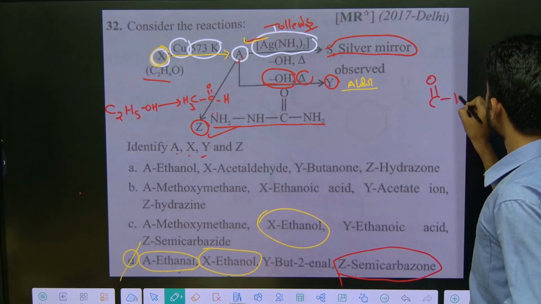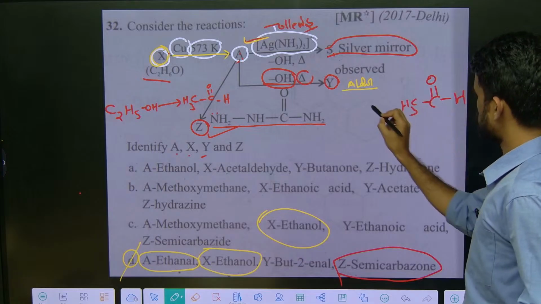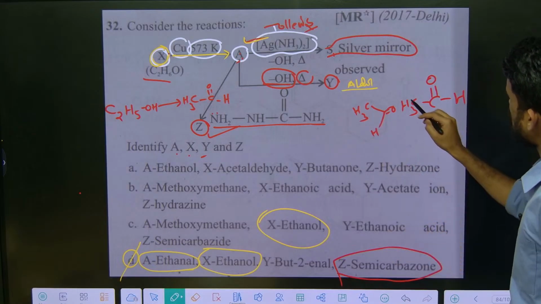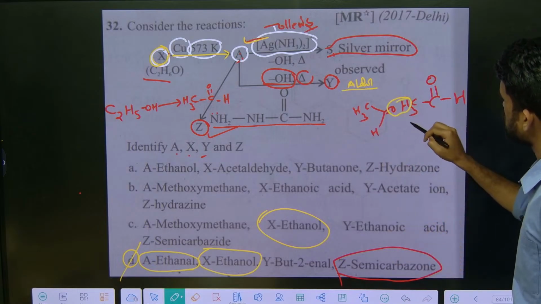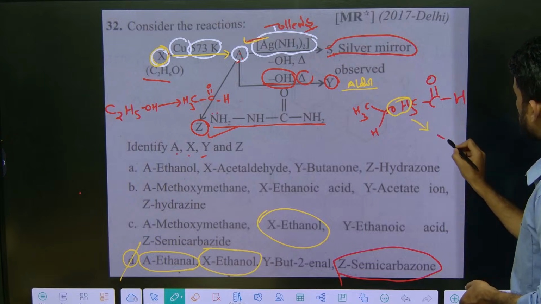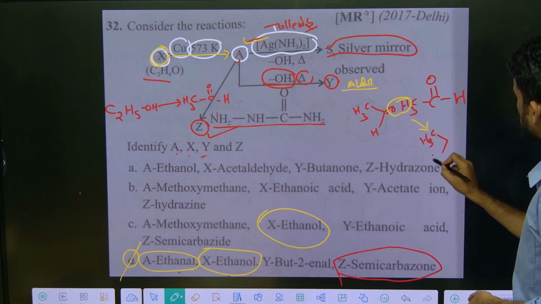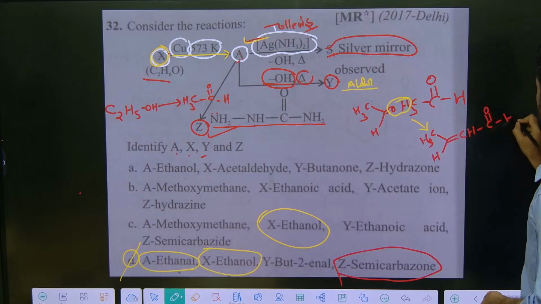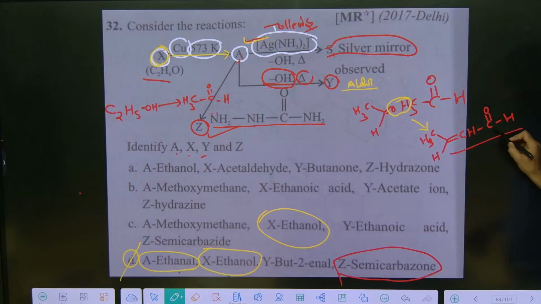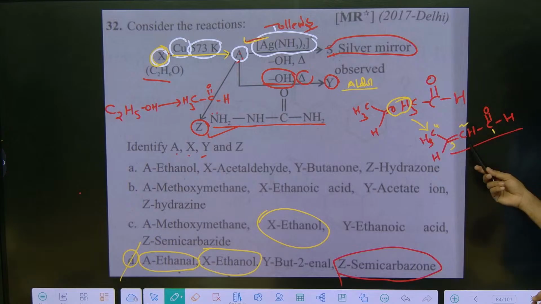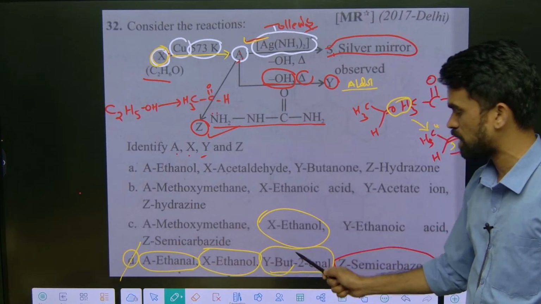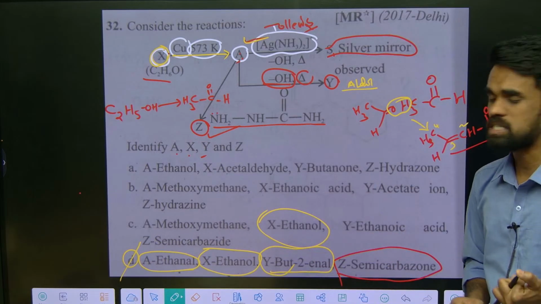Acetaldehyde: the 2 alpha hydrogens and this oxygen are removed as water, giving the final product. How many carbons are there? 1, 2, 3, 4. So Y is also perfectly correct. So option D is the best answer for the question.